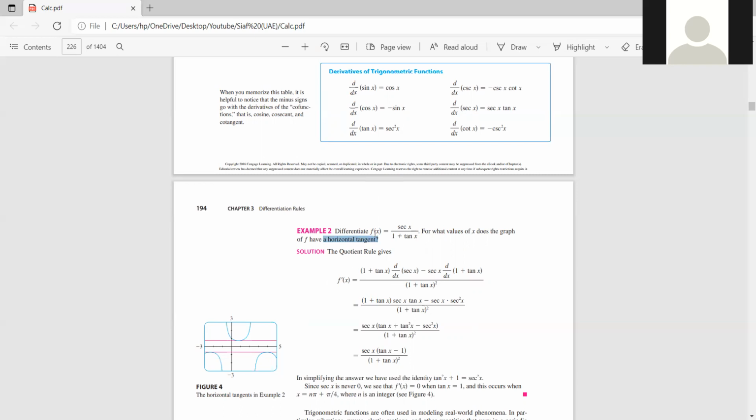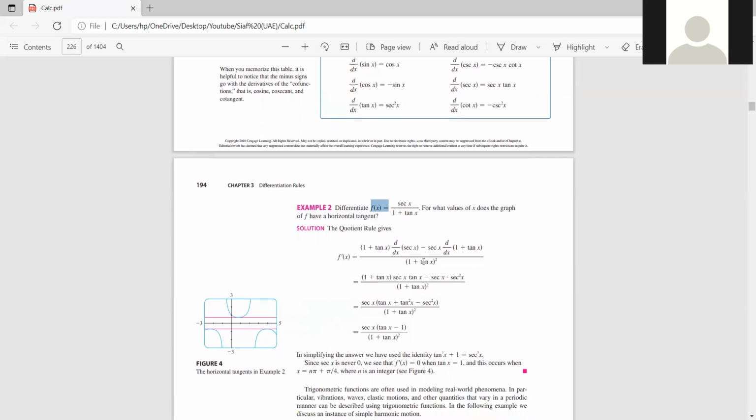If we differentiate the function f of x, we will get the slope. And if we equate that to 0, we will get some x values. At those values, the graph will have a horizontal tangent. This is what the question is asking us.